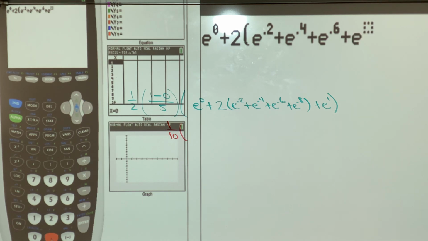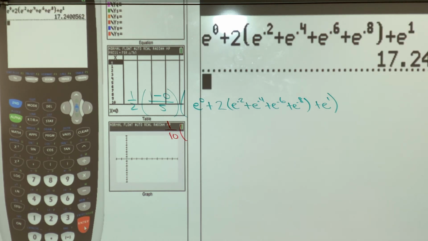Kind of a lot to put in there. That's my last interior point. So then I'll close that off, and plus my final exterior point, which was e raised to the first power, because that's the end of my interval. And that's going to give me a value of 17.24.